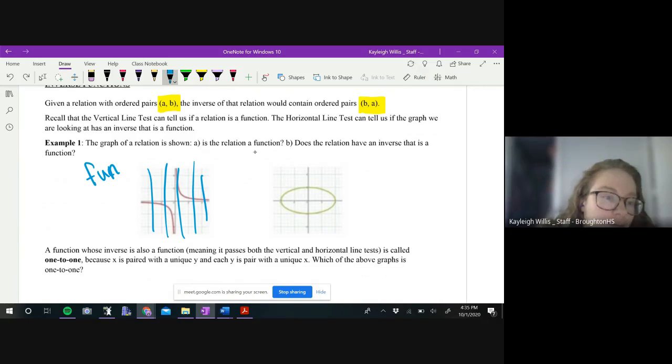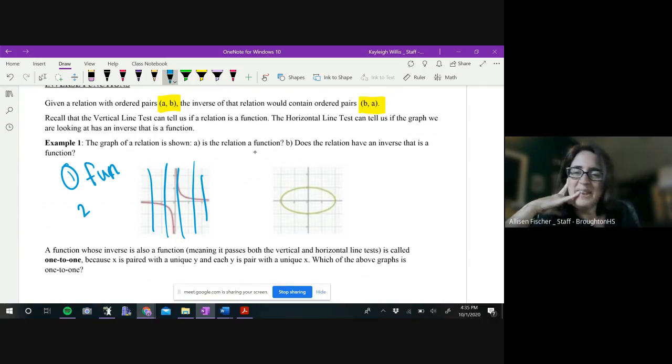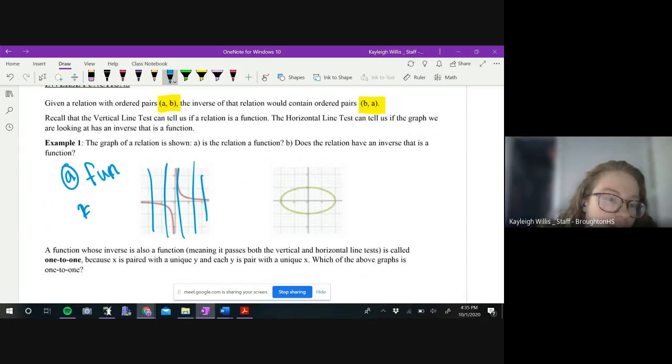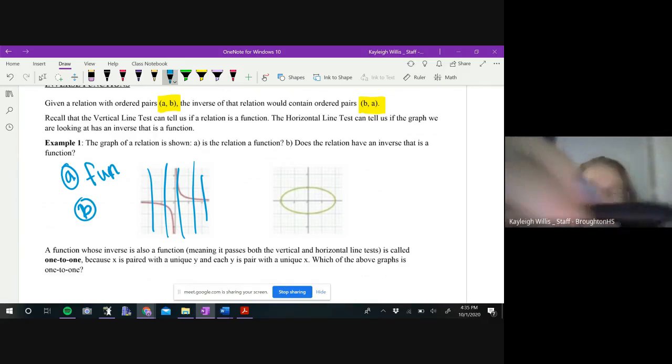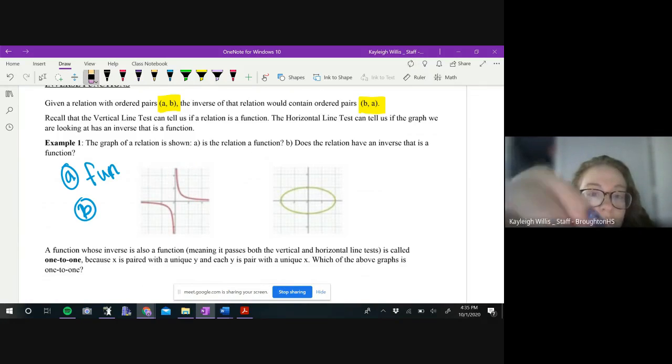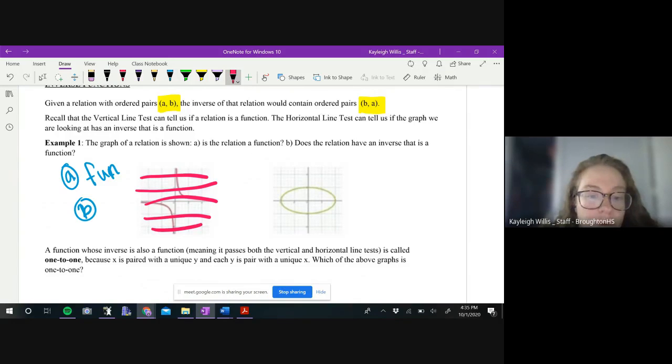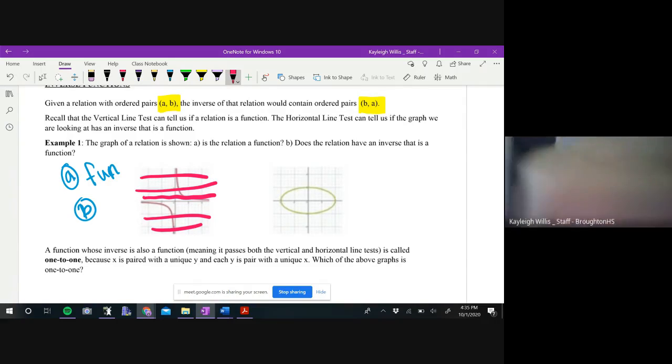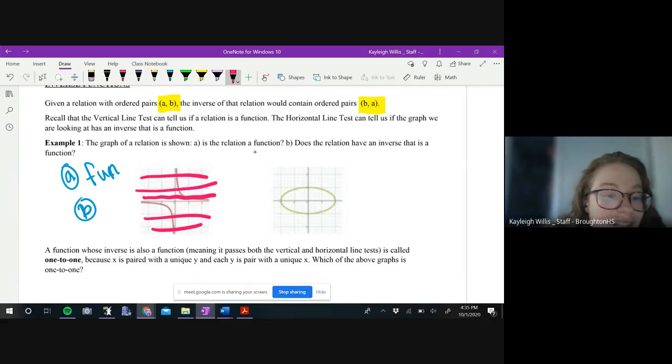Part A is a function, and part B, to see if the inverse is also a function, we're going to do it horizontally. Will it ever hit it more than once if your lines are straight? No, it will not. So that means that the inverse is also a function.